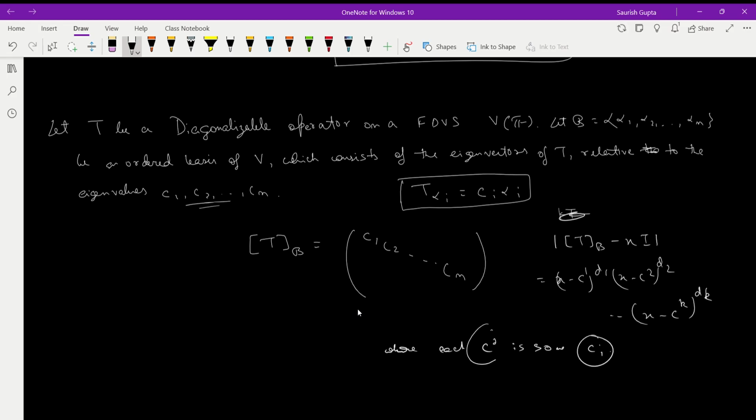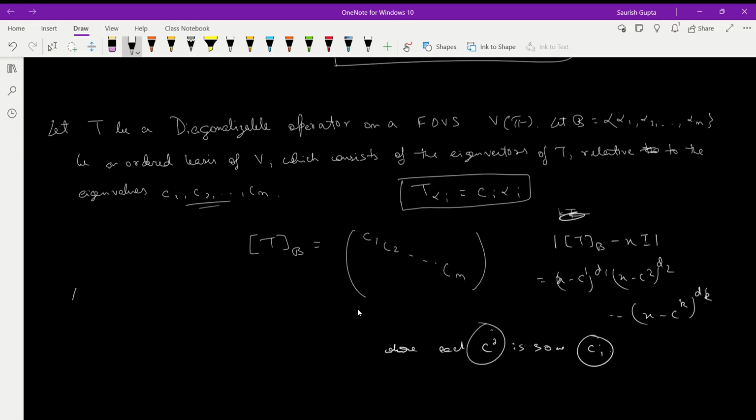Okay, so ci represents this listing, and cj's are these values. So what I actually mean to say is that this gives us a representation which includes the algebraic multiplicity, or the number of times each eigenvalue exists as a root of the characteristic polynomial.